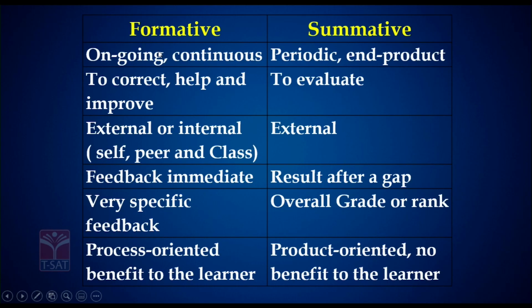Formative evaluation is ongoing and continuous, whereas summative evaluation is periodic or even end product. Slip tests and formative assessment are good examples of formative evaluation, and summative examination 1 and 2 are examples for summative evaluation.